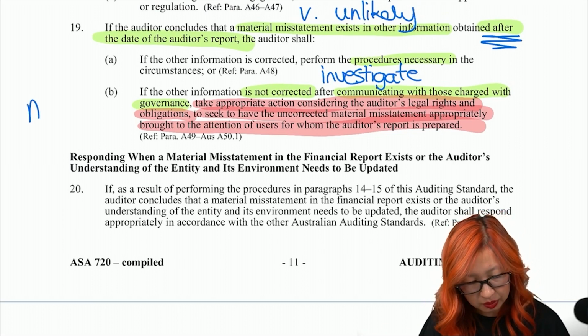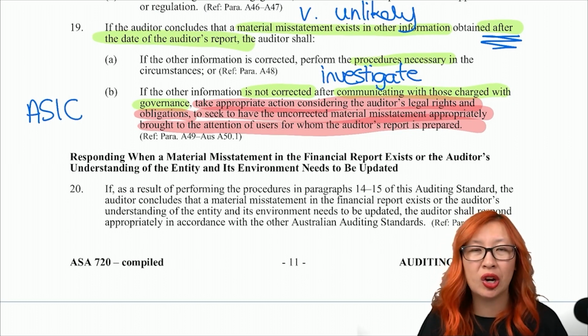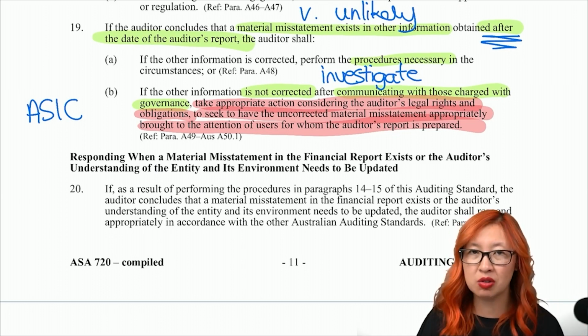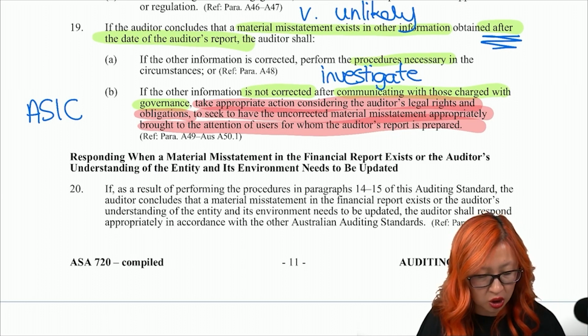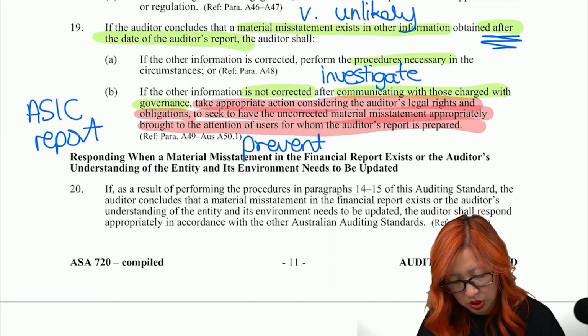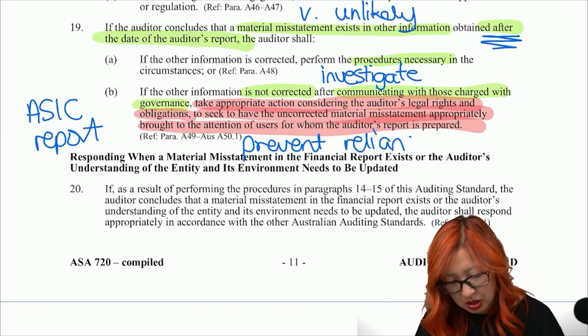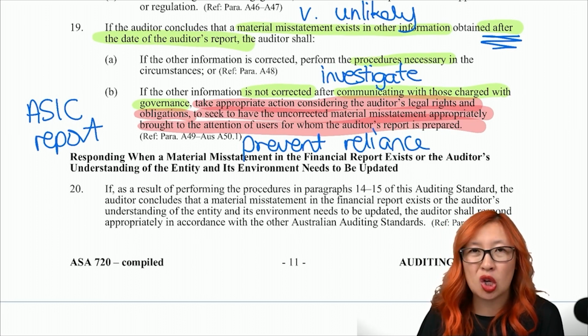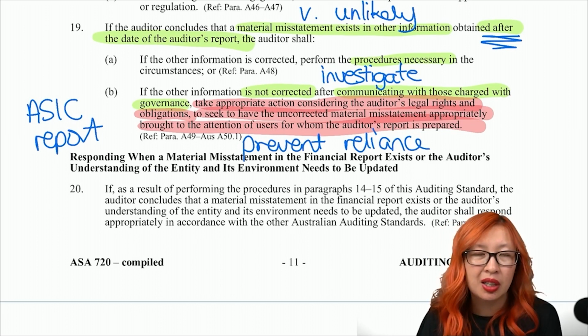Here, you're probably going to need to go to ASIC. All right, you've already gone to the board. The board are like, nah, not going to change anything. We're happy with how the other information is. Then you need to go to ASIC and make a report. And you potentially have to consider how you're going to prevent reliance. All right, because the management already have your audit report and it's going out there in the public.